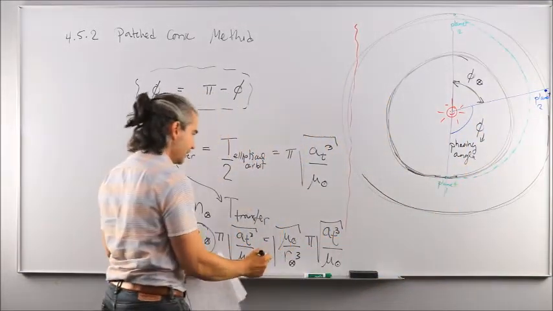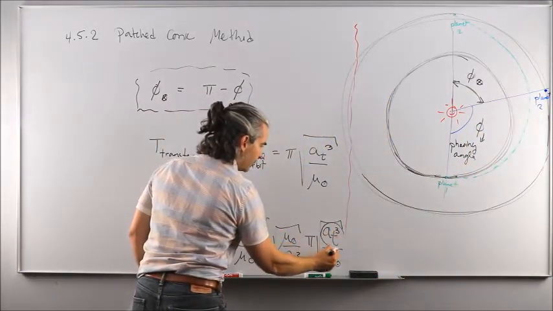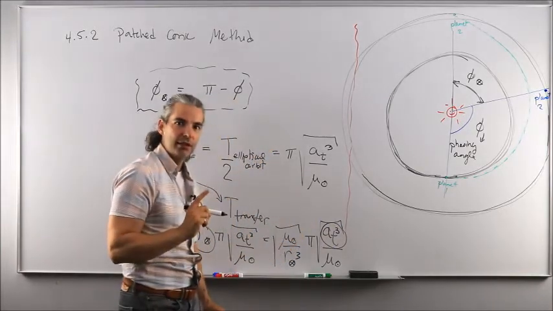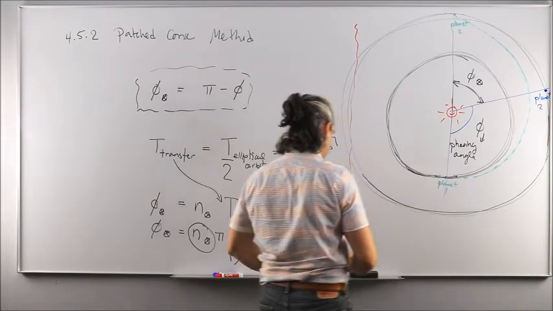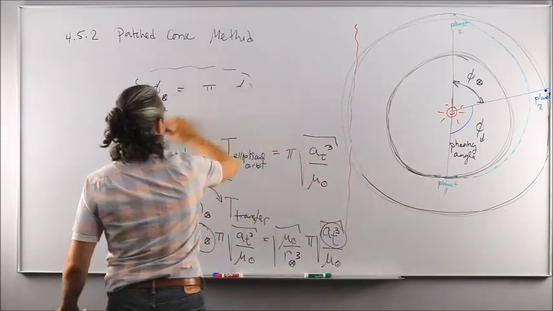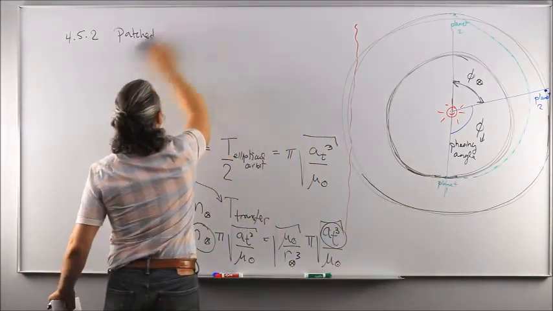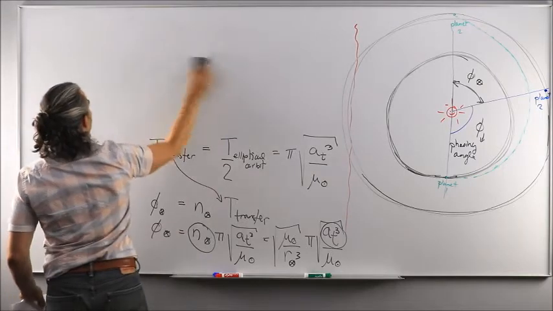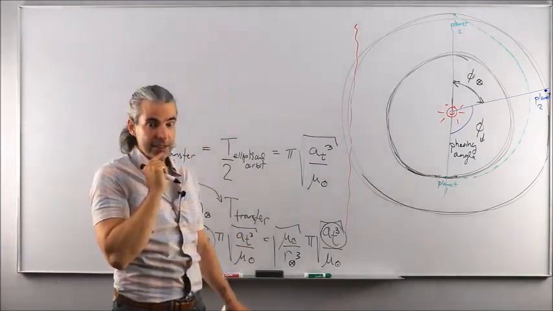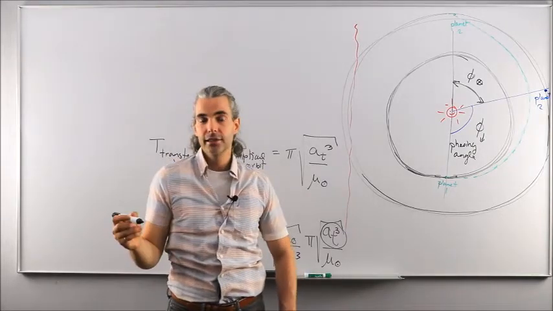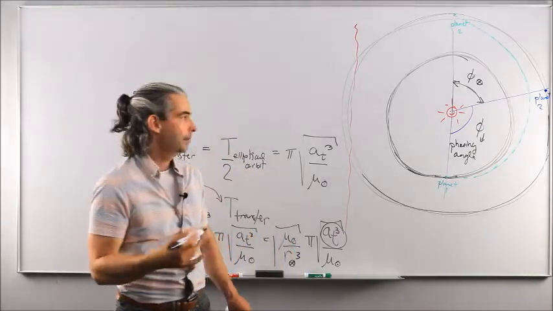So we have this, but how can we determine the semi-major axis of our elliptical transfer orbit taking us from planet 1 to planet 2? Well, that's not very difficult, because you will remember that the semi-major axis of an ellipse is its perigee distance plus apogee distance divided by 2.